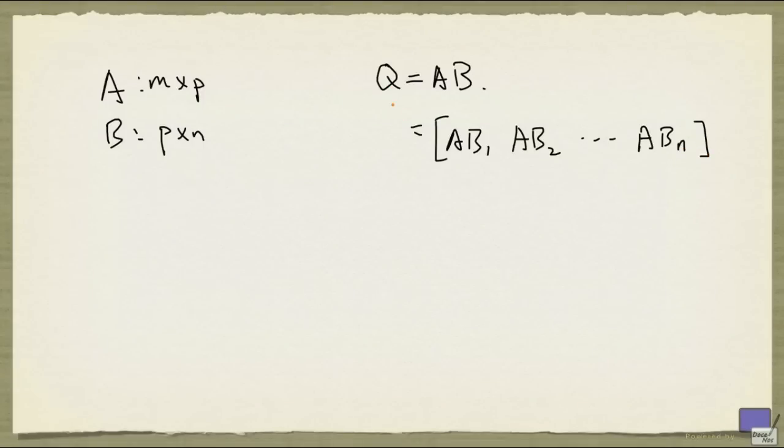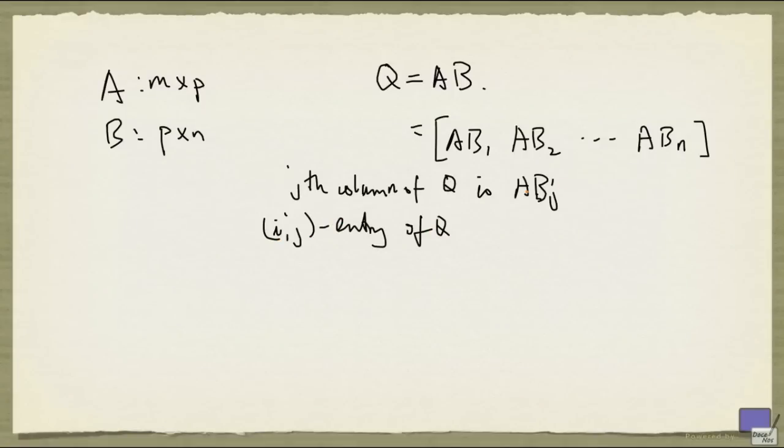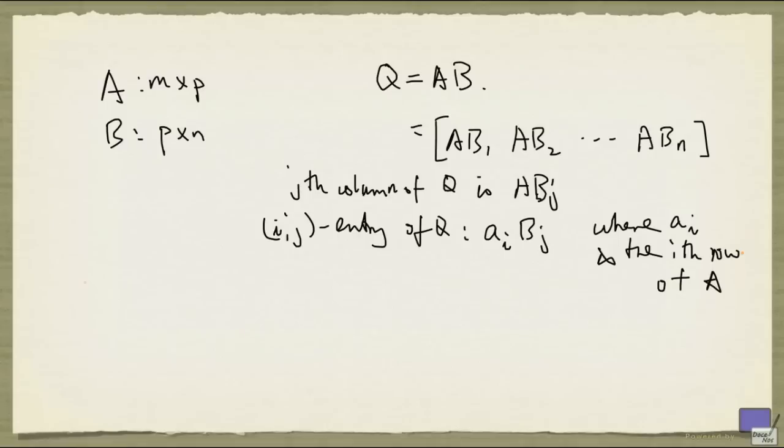And so the jth column of Q is given by ABj. So the ij entry of Q will be given by A_i B_j, where A_i is the ith row of A.